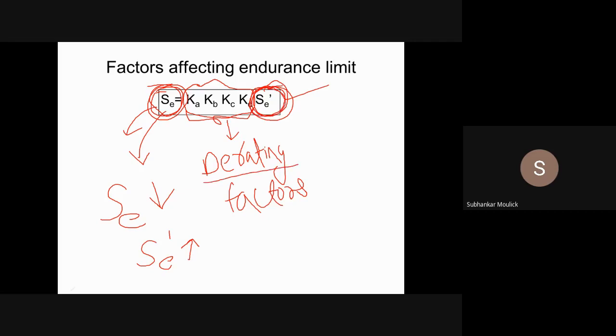So these derating factors will reduce the endurance limit of the actual specimen below that of the rotating beam specimen, which is an ideal specimen. Okay. And how to find out the values of Ka, Kb, Kc, Kd, I will discuss in the next class. I don't think enough time is left. So the determination of Ka, Kb, Kc, Kd, I will discuss in the next class.